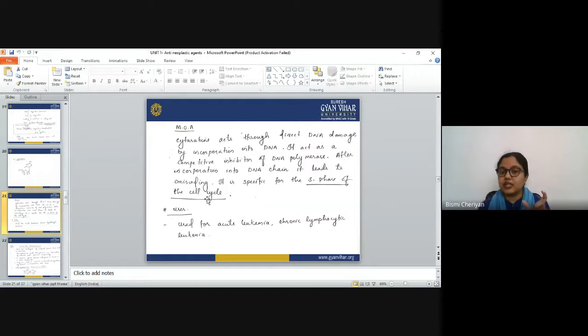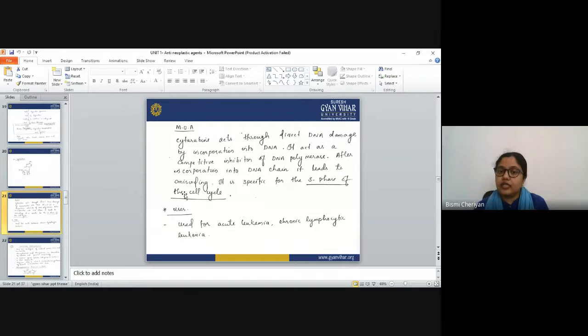S phase means synthesis or replication of DNA. Synthesis of DNA takes place in the S phase, so DNA synthesis is inhibited with the help of this cytarabine. So cytarabine is directly incorporated into the DNA, thus causing DNA damage.